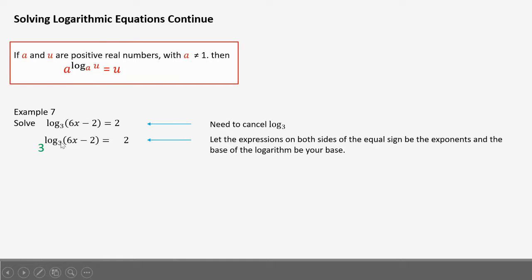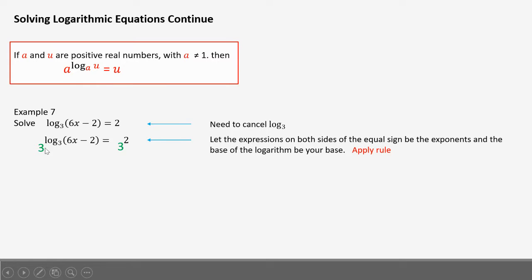If it was base 4, then it'll be a 4 here. If it was a 9, then this will be a 9 here. But when you do it to this side, you also do it to the other side. This is legal math because what I did to the left side, I also did to the right side. You can do that.